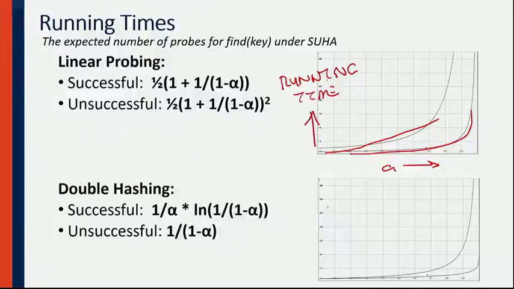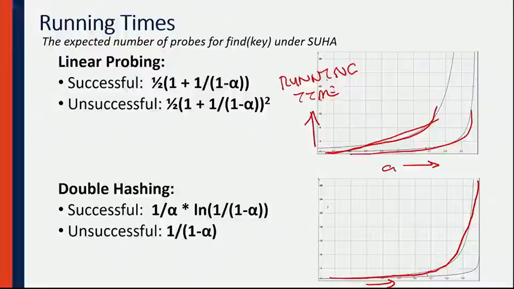As alpha increases, the running time increases as well. Likewise for double hashing, as alpha increases, it's flat for a while, and then the running time explodes as alpha gets close to 1.0. What this really shows is as long as we manage alpha, we can have a very predictable runtime of our algorithm.